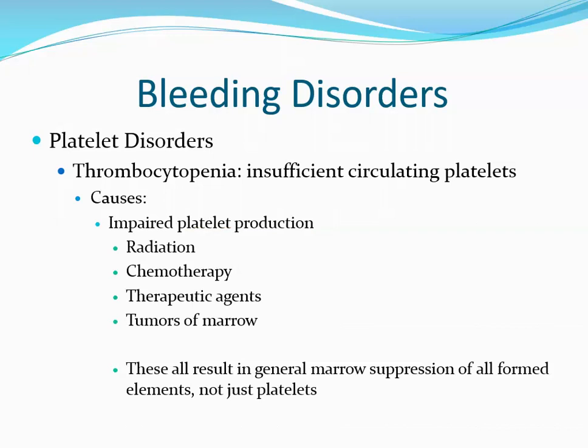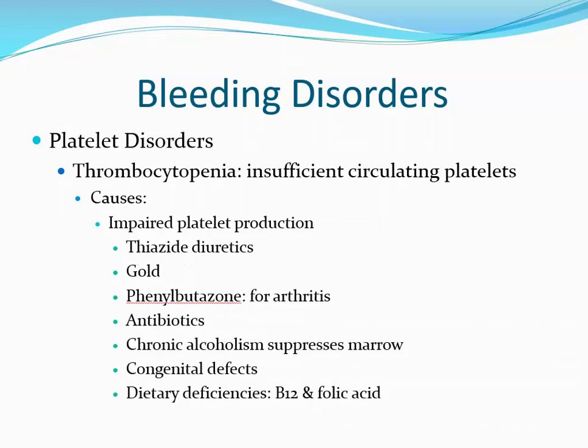Some causes of thrombocytopenia could be radiation therapy, chemotherapy, therapeutic drugs, or tumors of the bone marrow. These first four tend to result in a general marrow suppression. So not only will platelets be decreased, but so too will red blood cells and white blood cells.